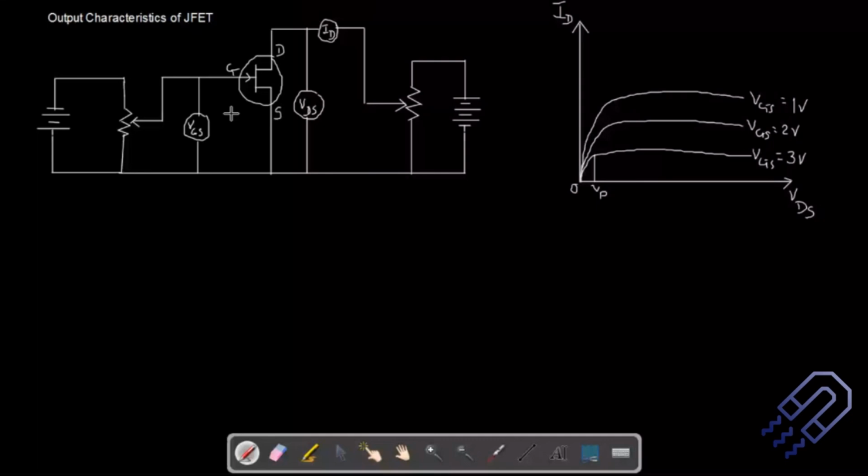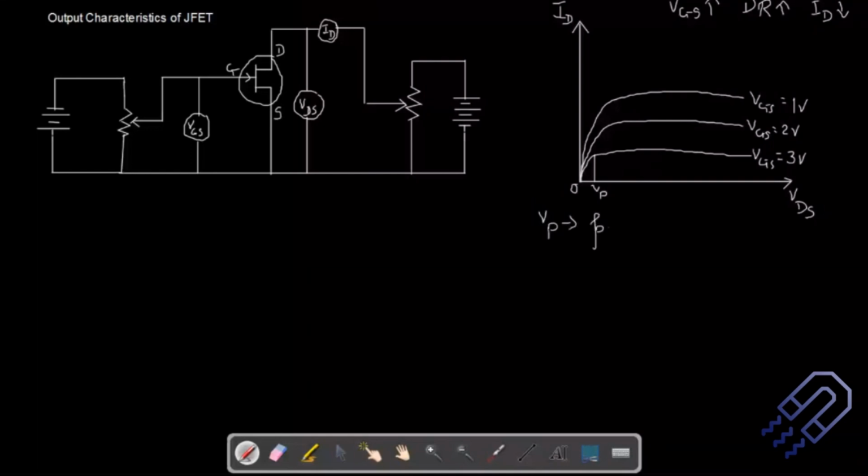As a result, the drain current is going to be less because the depletion region is going to pinch it off. And this VP that we are talking about is called the pinch off voltage.